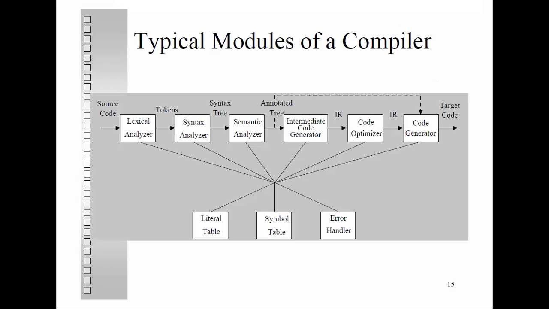So this is the total layers or phases of a compiler. It is similar to computer networks, no? In computer networks we have the layers: physical layer, data link layer, network layer, transport layer, session layer, presentation layer and application layer. That is how data is processed and transferred. In the same way, if you write something in a high level language, that is the source code, and then how is the program processed on the computer to get the target code?